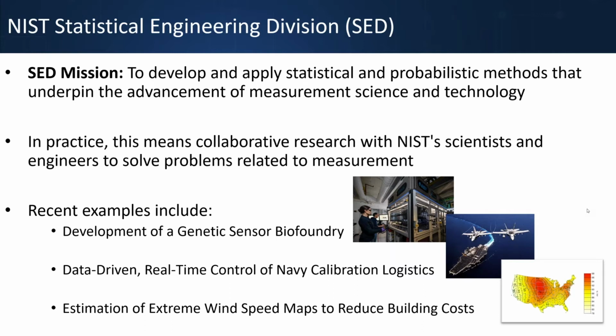And the way we achieve that at NIST often is through collaborative research. This is what we do day in and day out. All the folks in our group are working with NIST scientists and engineers to solve problems related to measurement. And I've got a few examples here that I think are good statistical engineering style examples of things that we have been doing recently.